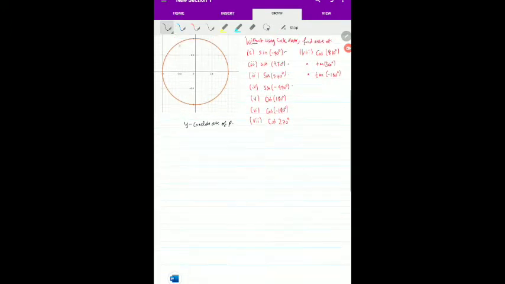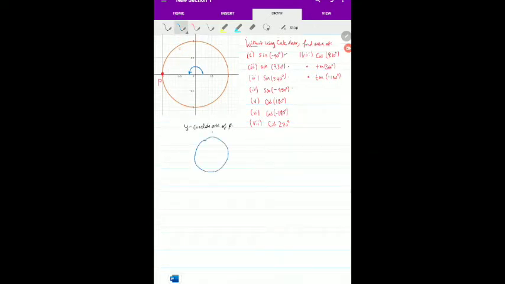So cos of 180 degrees. So again, we're measuring anti-clockwise. So this is plus 90, plus 180, and we end up here. And so this point P right here represents 180 degrees. Now the cosine, this time it's the x-coordinate of P, right?